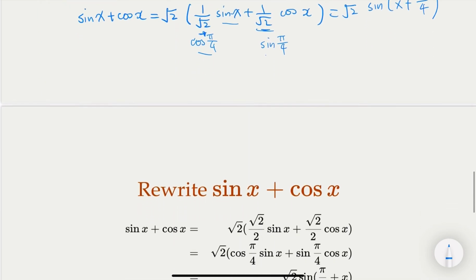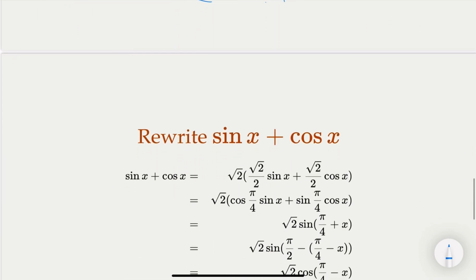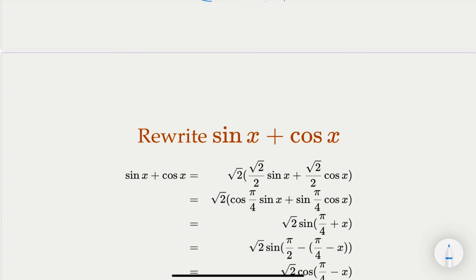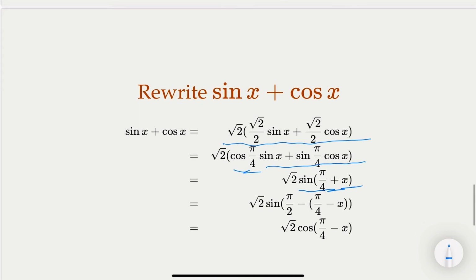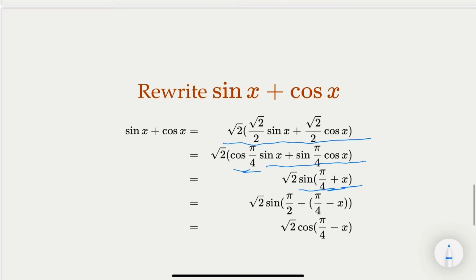So let's do the sine, and then this multiplication here, and then you know that this is equal to this one, right? And it is also equivalent to this one, right?